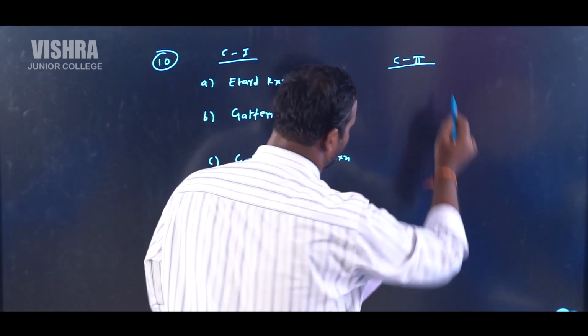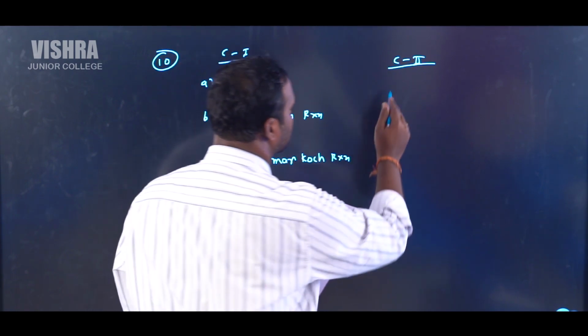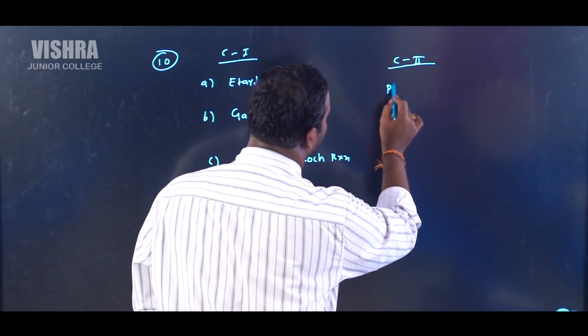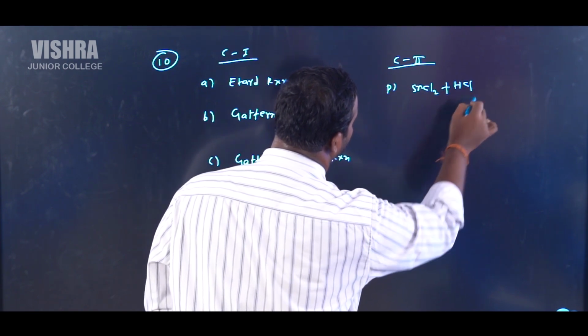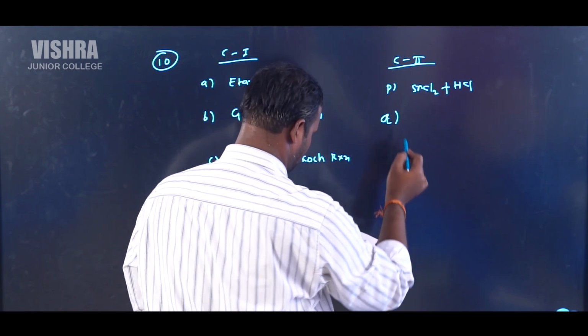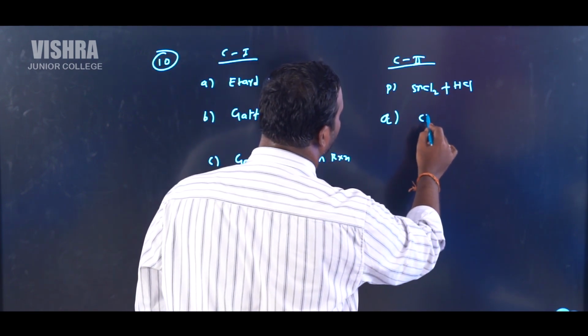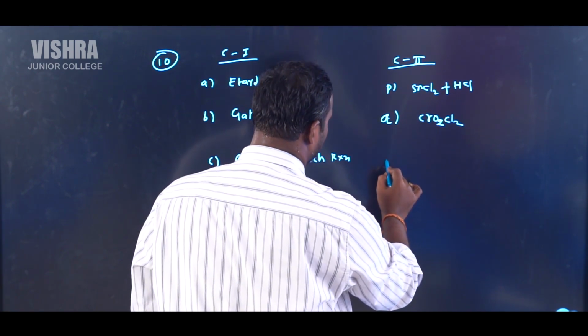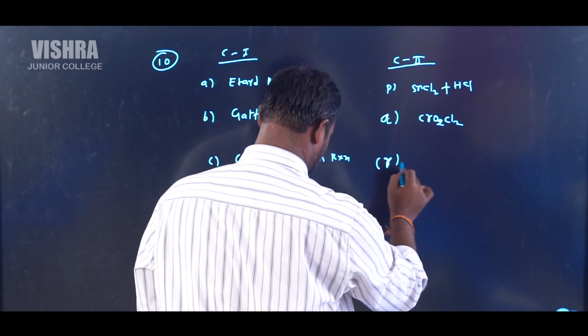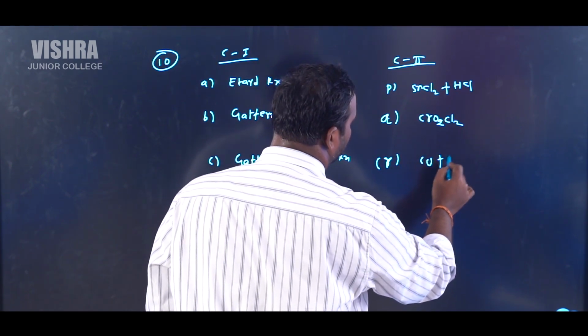Next, in column 2, he gave reagents. First one is SnCl2 in the presence of HCl. Q is chromyl chloride, CrO2Cl2. Next one is Cu plus HCl.